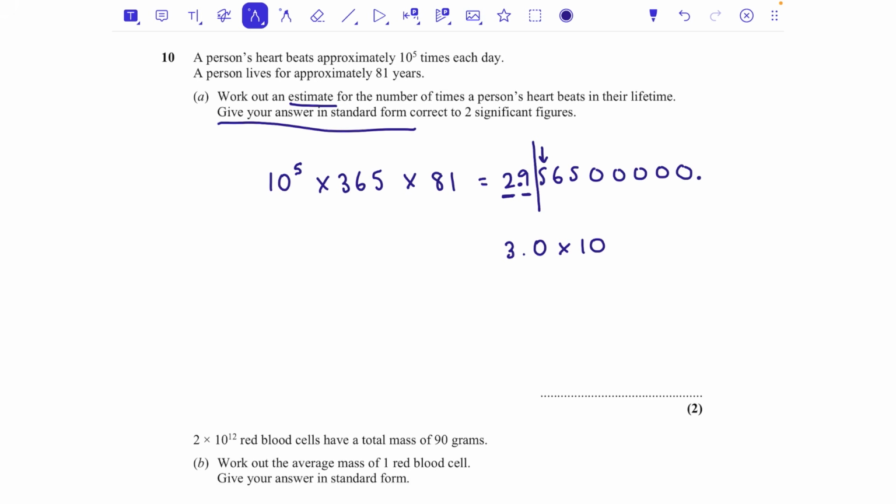Now, it's not the decimal point moving, it's the values, but it's way easier to move a decimal point than it is to move all those numbers. So there we go, 1, 2, 3, 4, 5, 6, 7, 8, 9. 3.0 times 10 to the power of 9 would be your answer there for 2 marks.